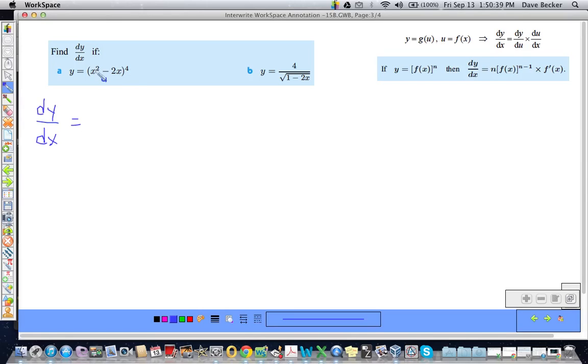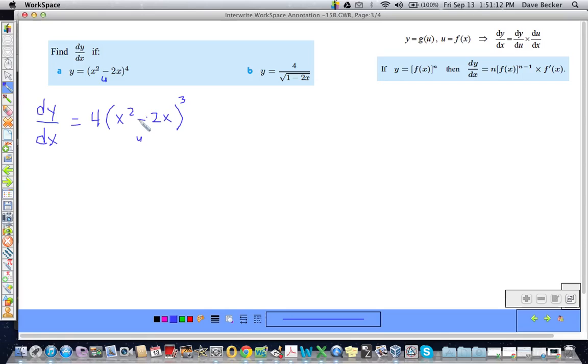So this 4 comes out in front, and I'll put a u in there. So it's 4u cubed, right? Subtract 1 from the exponent. But what's the u equal to? The u is equal to x squared minus 2x. So it just stays in there. And I'll write this u down here, times the derivative of u with respect to x.